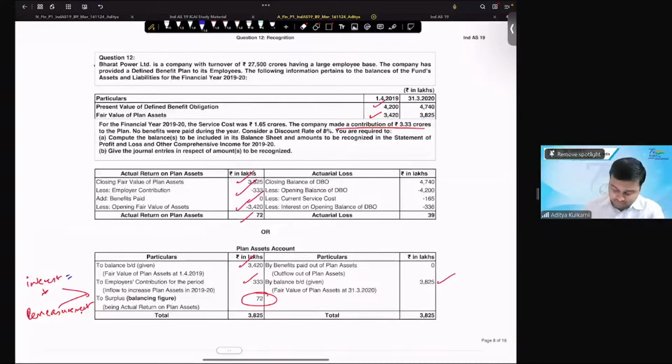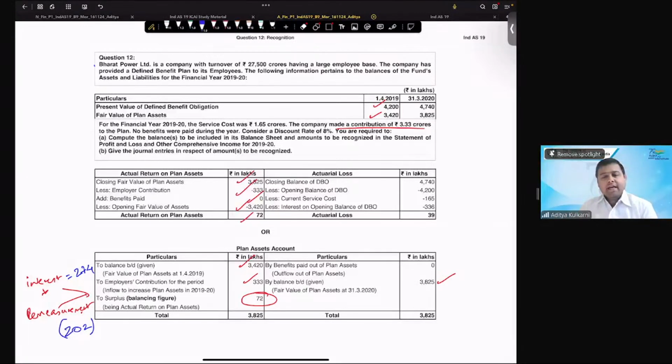Yes or no? Yes. 274. But your overall surplus is only 72. So therefore, there is a remeasurement adjustment of 72 minus 274. That comes to how much? 202. Are we okay with this?